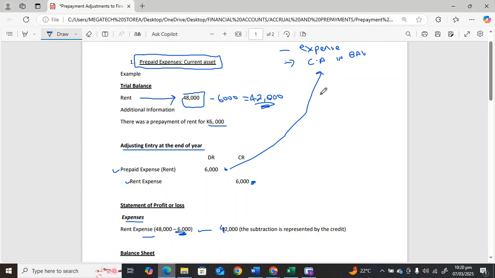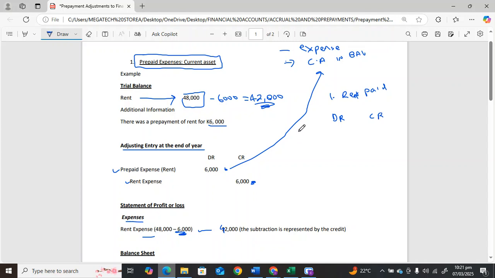Let's say this company paid rent for the whole year, 48,000, not knowing, or maybe knowing, that there's a prepayment in there. The first thing that is done when the rent is paid: whenever you're paying for an expense, the original journal entry is to debit the expense and credit cash.